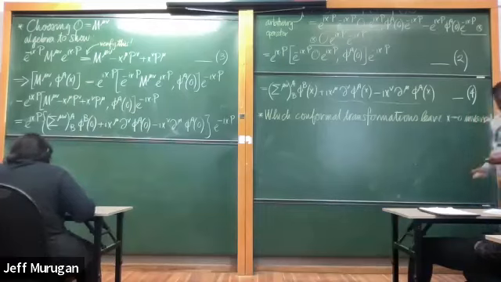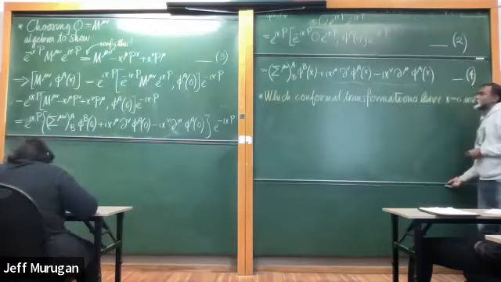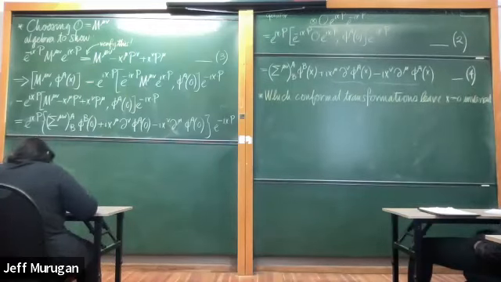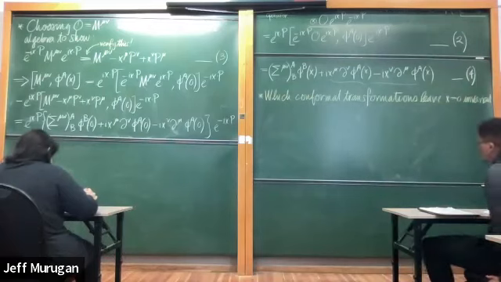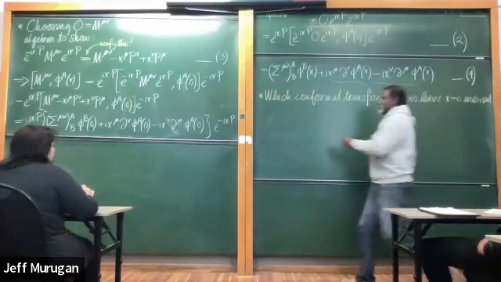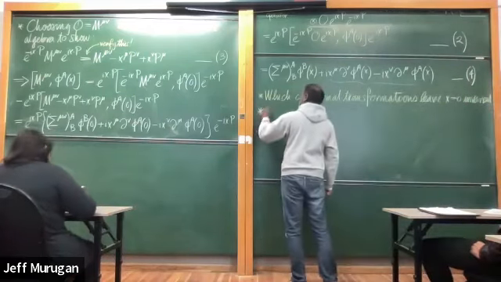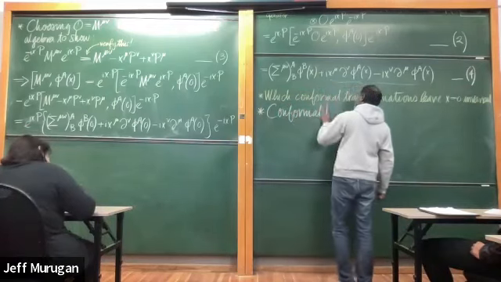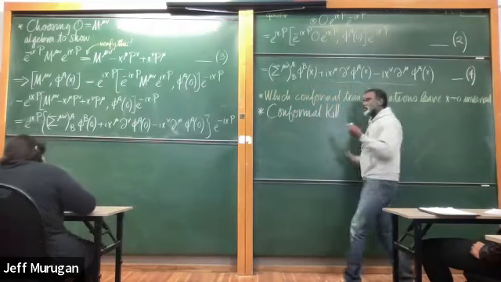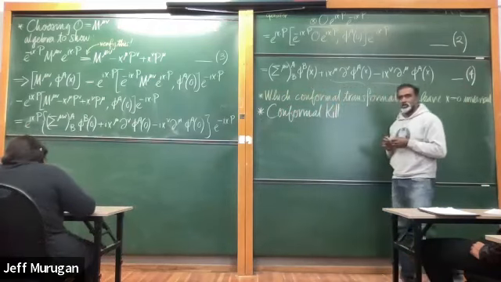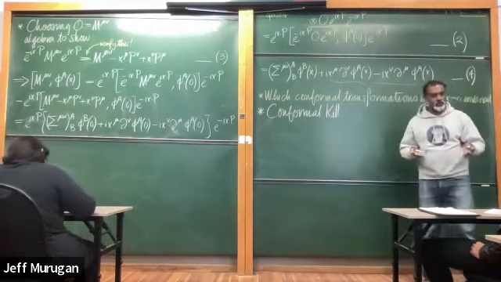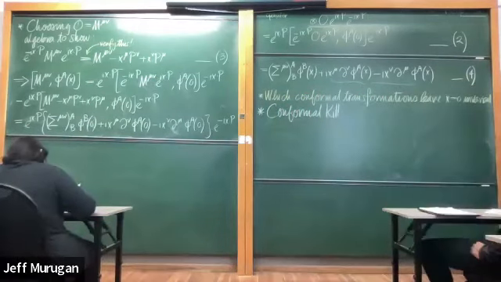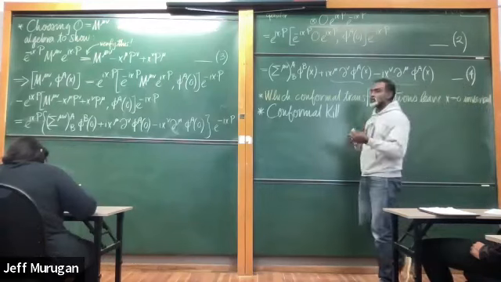Well, to answer this, let's go to our expression for a general conformal Killing vector, because this is really where we encode all the symmetries that we're talking about. We're talking about conformal symmetries; they're encoded in the structure of the conformal Killing vector, which we get by solving the conformal Killing equation.